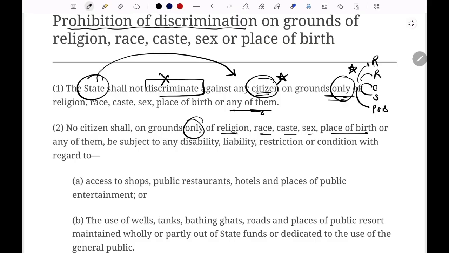It is also given to citizens of India only, and it prohibits discrimination by the state as well as by private individuals, on the grounds of race, religion, caste, sex, place of birth. That is, no citizen shall suffer any disability, liability, restrictions, or conditions.